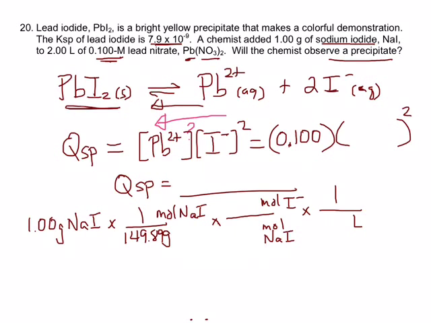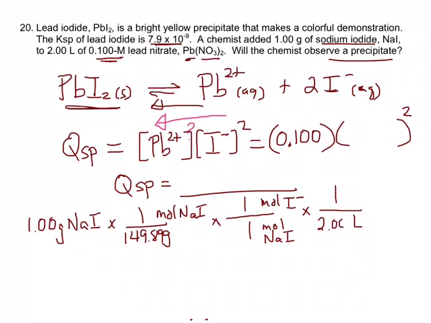There's only one iodide in the formula for sodium iodide, so you'd have 1 mole of iodide for every 1 mole of sodium iodide. Notice if we were doing the same thing for lead iodide, look at its formula, we would say that there's 2 moles of iodide for every 1 mole of lead iodide. But in sodium iodide, there's just a 1-to-1 ratio.